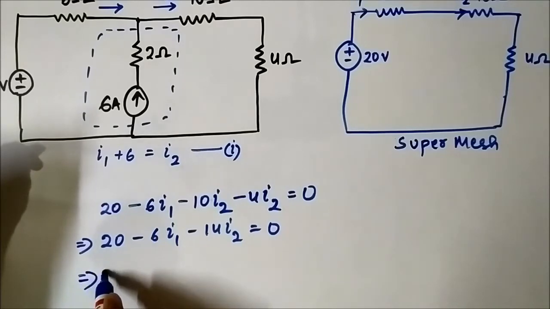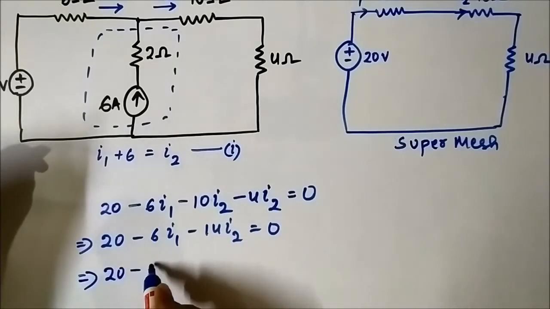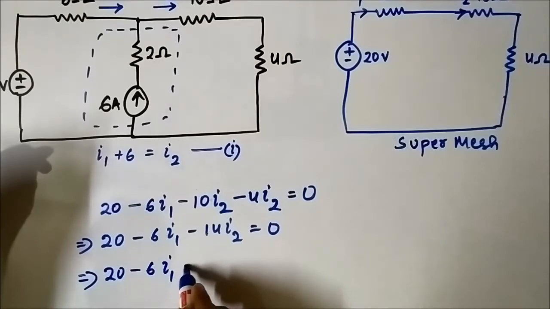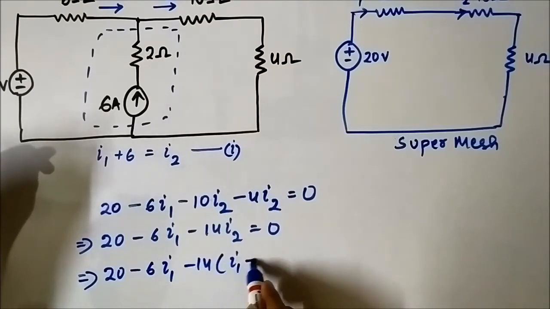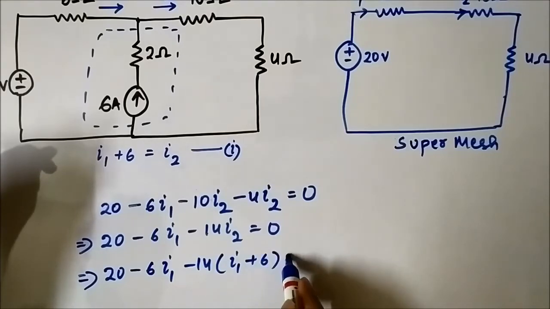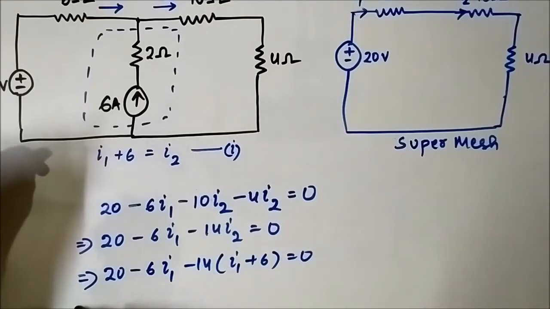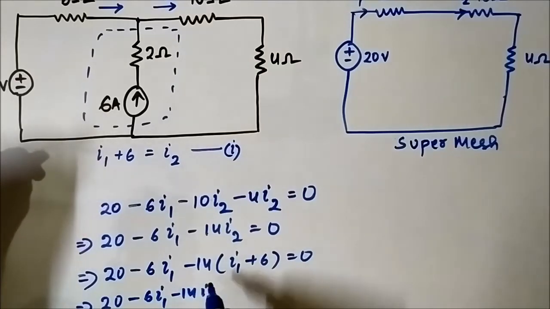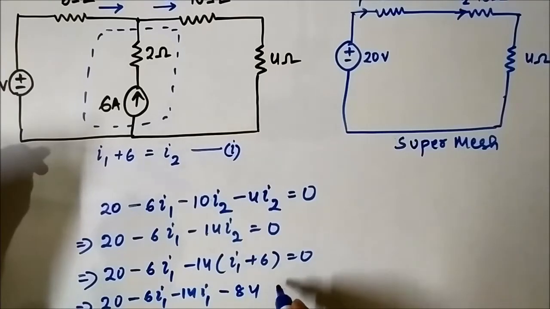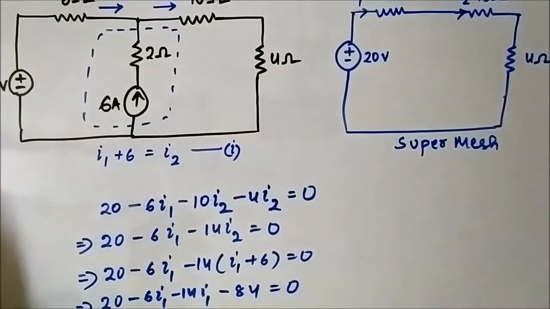So 20 minus 6I1 minus 14 times (I1 plus 6) is equal to 0, which gives 20 minus 6I1 minus 14I1 minus 84 is equal to 0.